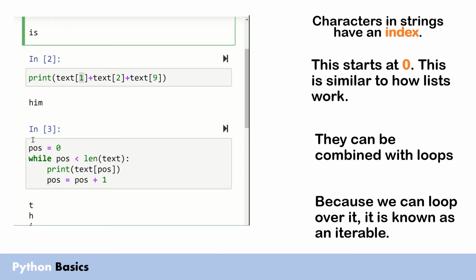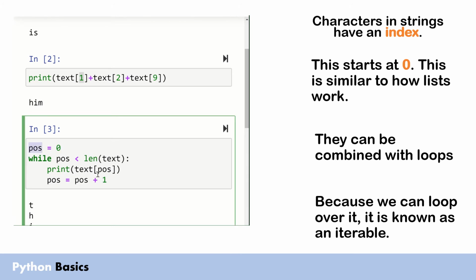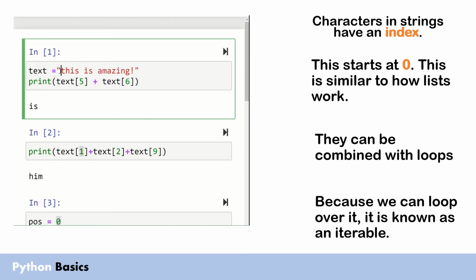Now I could easily replace that with a variable, which is exactly what I've done here. And that variable's changing each time the loop goes. It's increasing by 1. So initially pos is going to be 0, then 1, then 2, then 3. So it's position 0, position 1, position 2, position 3, position 4, and so forth. It's going one at a time over each single letter.